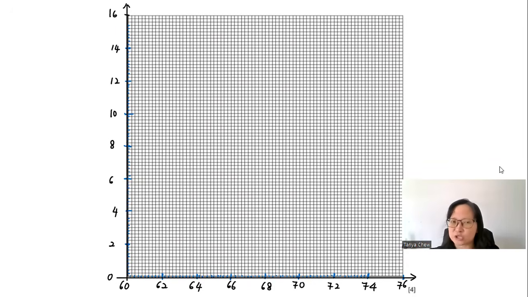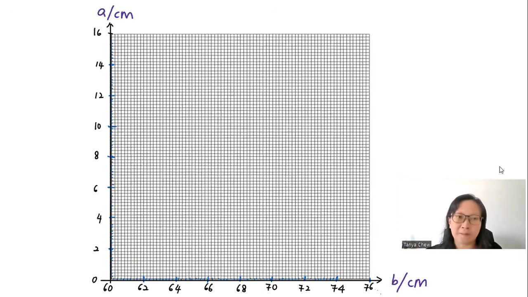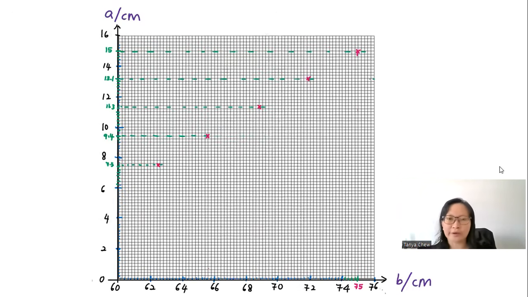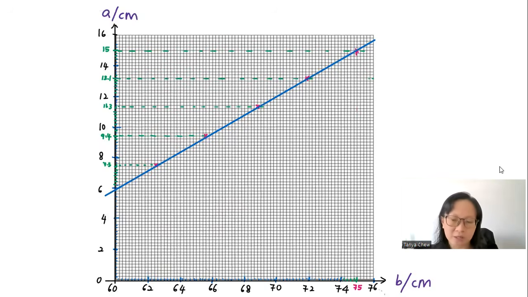But that is not just it. I have to label my x-axis and my y-axis with the appropriate units. So this is it. Now, all the points are plotted here. I have 1, 2, 3, 4, 5 points all together, and I draw my best fit line.